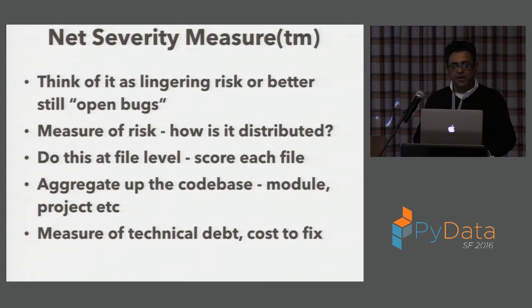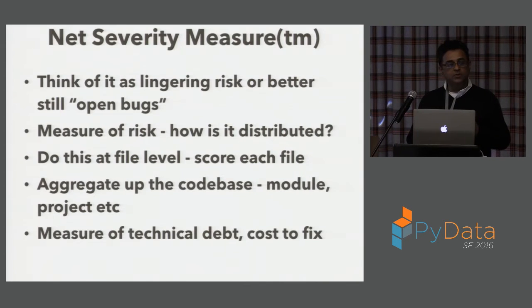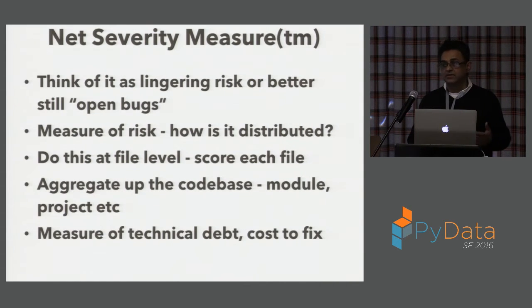So what is net severity measure? It's something that's lingering risk, or a way to think about it, although it's just a number. How is the risk distributed across files is a way to think about it. The file level. And then once you can go down to the file level, you can aggregate it up to modules and other higher things.